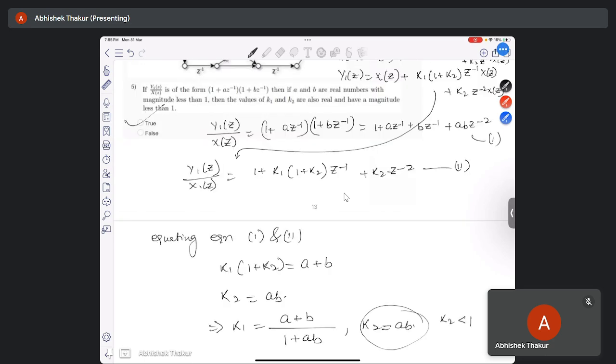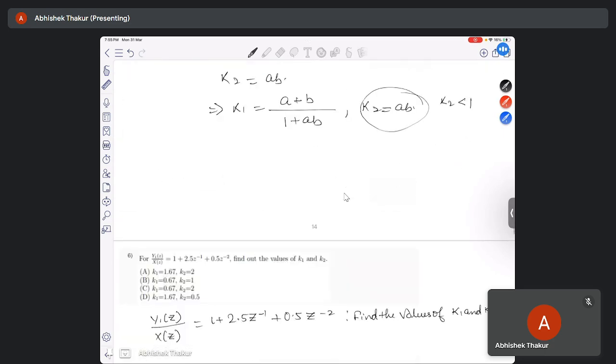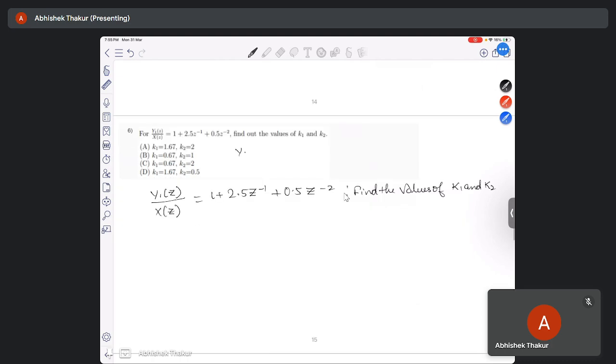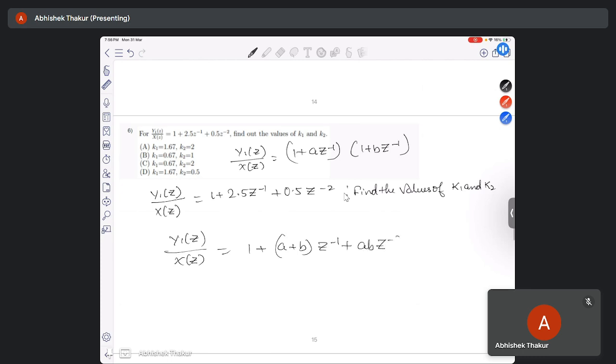y1 of z by x of z is equal to 1 plus a z inverse into 1 plus b z inverse. So when we do y1 of z by x of z, we will get 1 plus a plus b z inverse plus ab z to the power of minus 2.